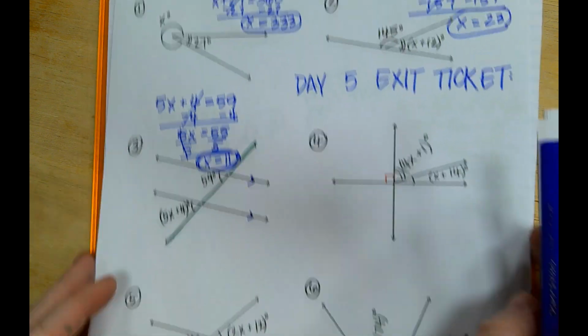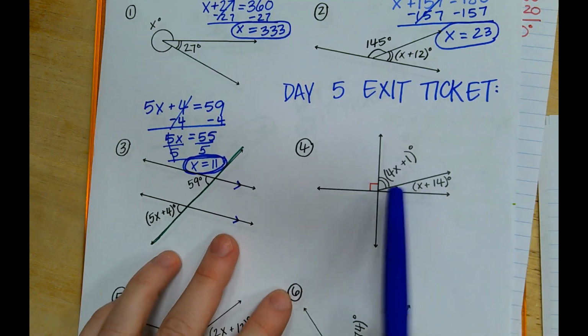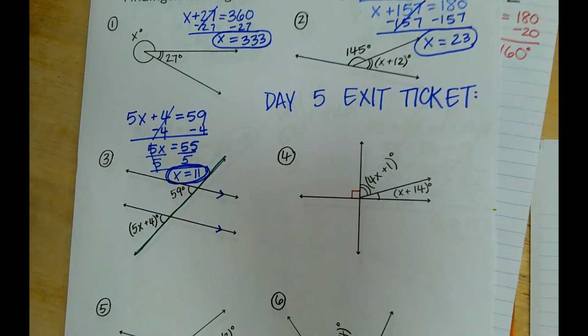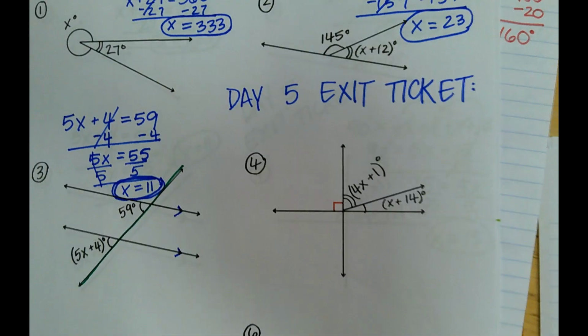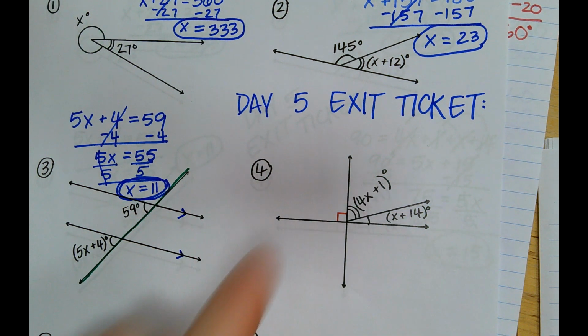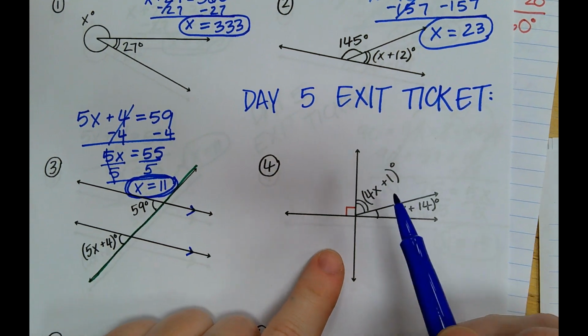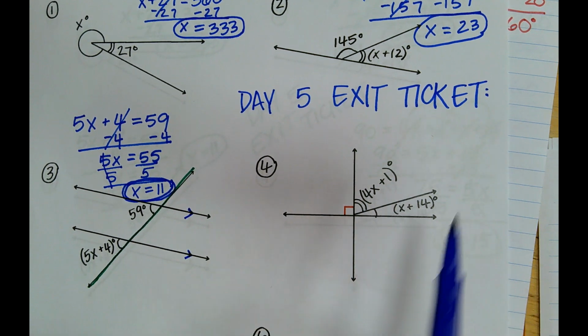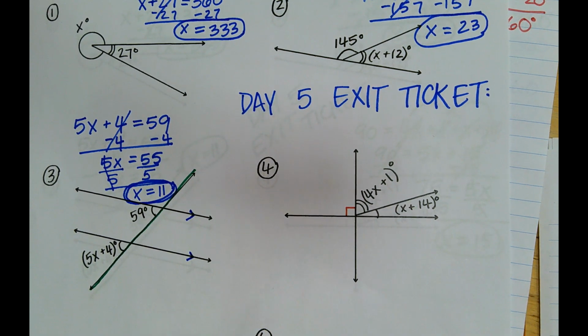Here's our day 5 exit ticket. All right, so you guys remember doing this one? Yeah. So let's first figure out what we know about this little set of angles here. I'm gonna have you tell me, Selena, what's something that you notice in this little given set of angles here?